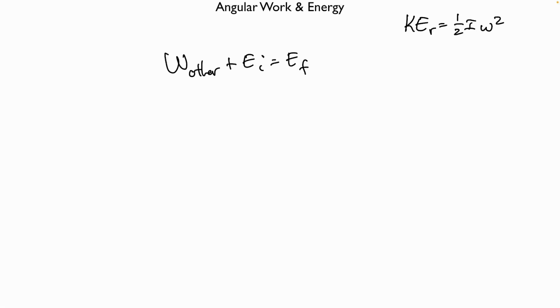The static friction that causes this wheel to roll is handled in the kinetic energy rotational term. So even though there is friction, friction is required for something to roll down a hill, isn't it? We don't have to put that into work other because we have a new question to ask now.